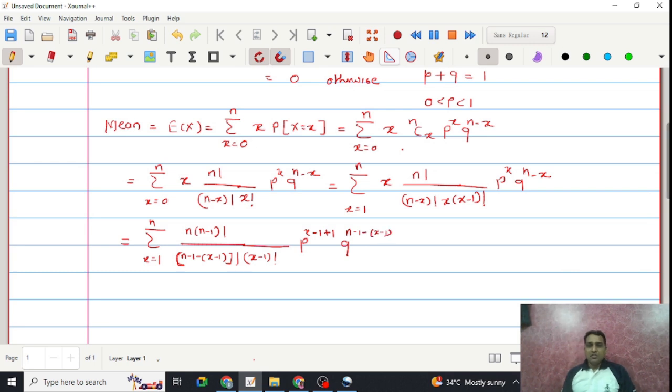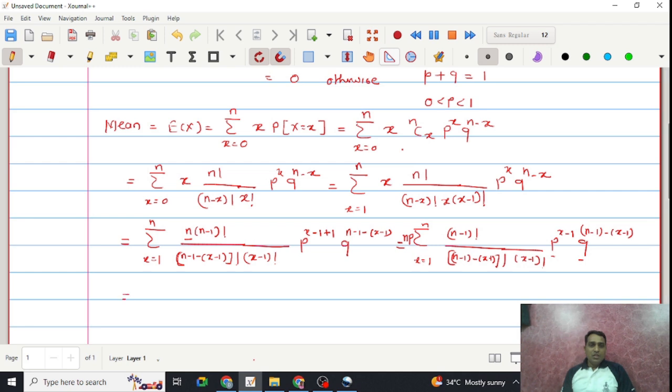So we take np outside the summation, and what remains is (n minus 1) factorial upon ((n minus 1) minus (x minus 1)) factorial into (x minus 1) factorial, p^(x minus 1) q^((n minus 1) minus (x minus 1)).